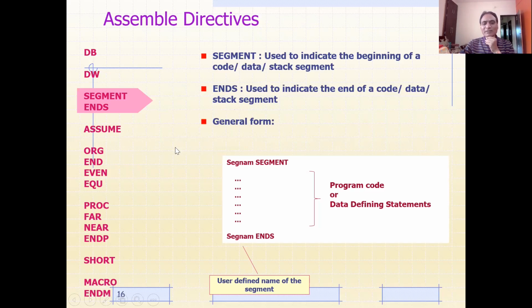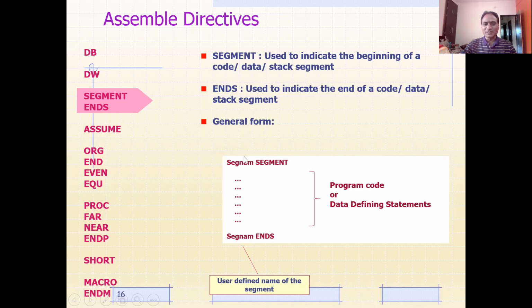I am going to show you some more examples of all the assembler directives which we have discussed so far. Let us start with SEGMENT. As I mentioned earlier, SEGMENT is used to indicate the beginning of a segment. In the example, you can see segname SEGMENT, and then segname ENDS.